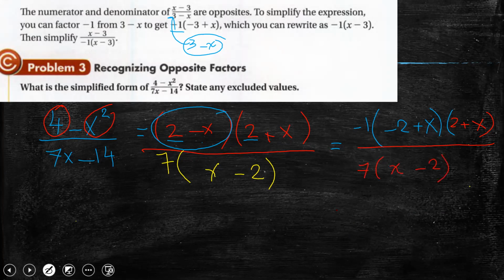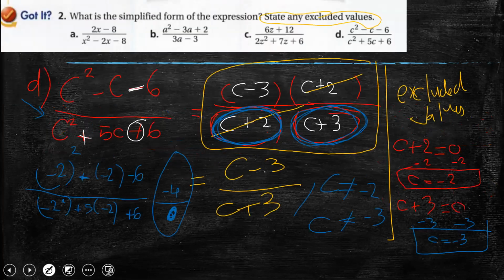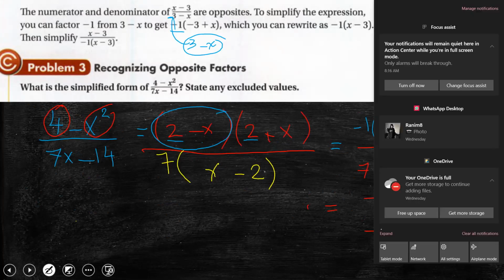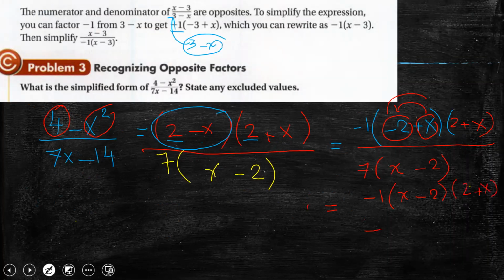Then negative 1. Now this negative 2 plus x, if you write x first and negative 2 at the end, it will be the same. Is it right? Yes, over 7 times x minus 2.